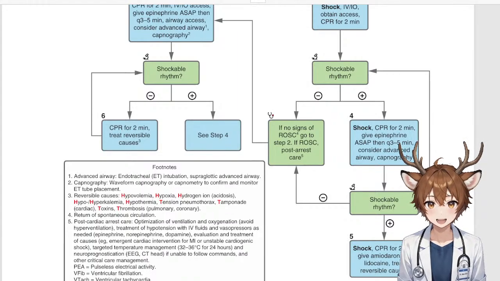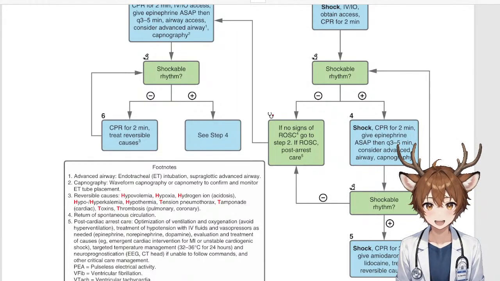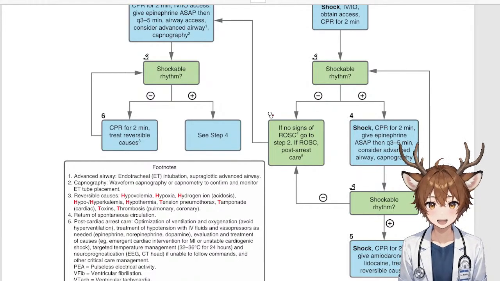PEA equals pulseless electrical activity, VFib is VFib, and VTach is ventricular tachycardia. Okay.